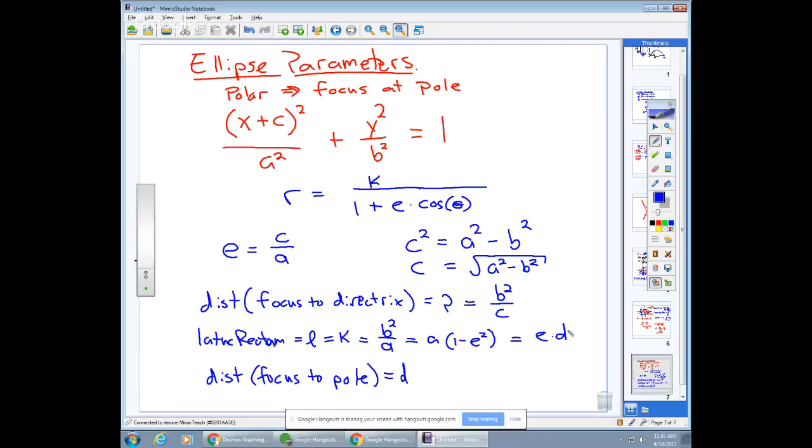For some reason, I always liked this one the best, for two reasons. I think it's the simpler of the bunch, and I thought it was always cool that it's spelled Ed. So my favorite representation is to write this as the eccentricity times the distance from focus to pole over 1 plus e cosine theta.